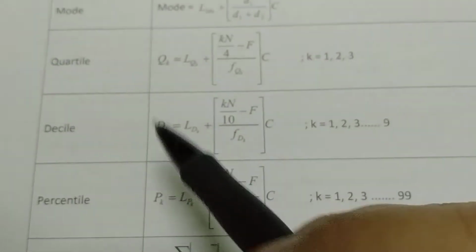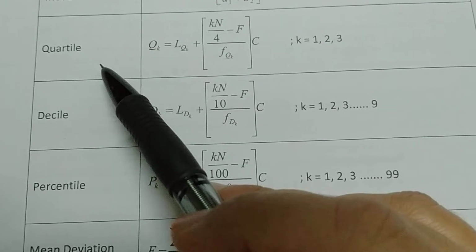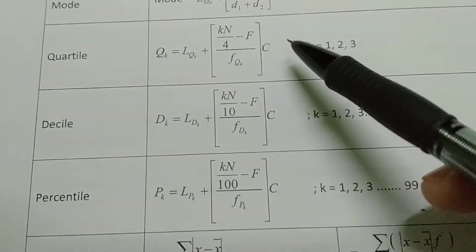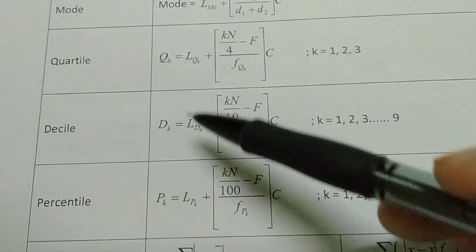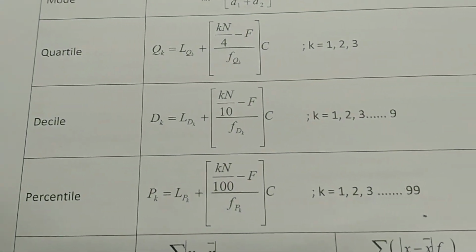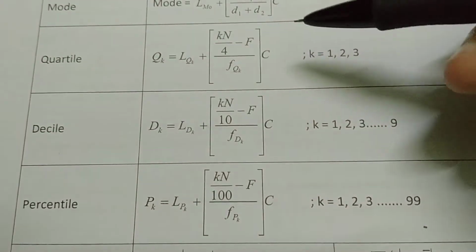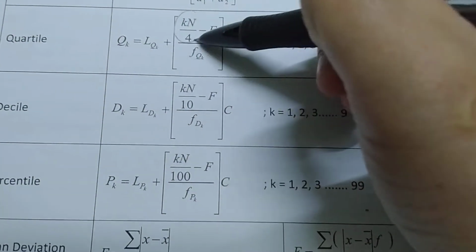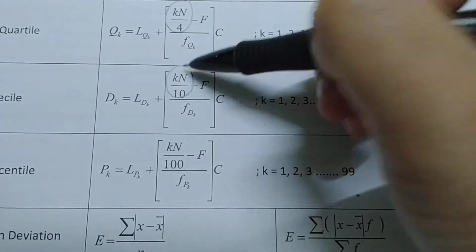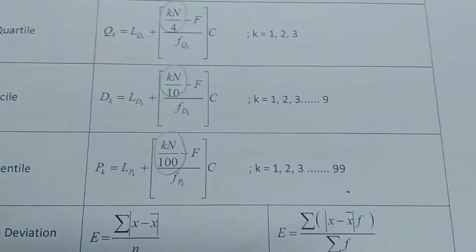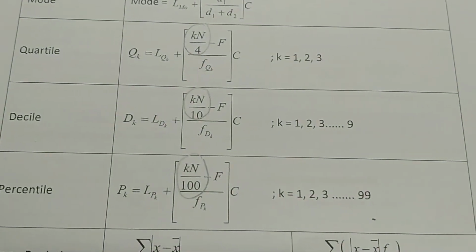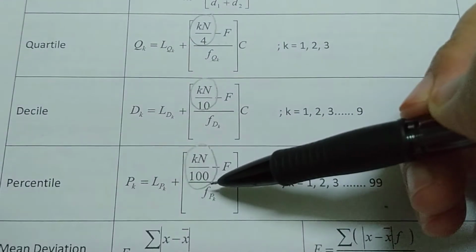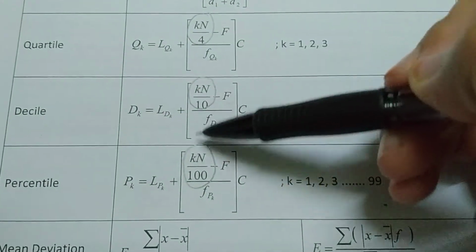If you look at these three formulas, quartile, decile, and percentile, the formulas are quite similar. The difference is only the divisor, either KN over 4, KN over 10 or KN over 100.